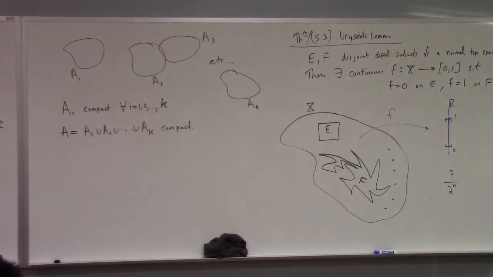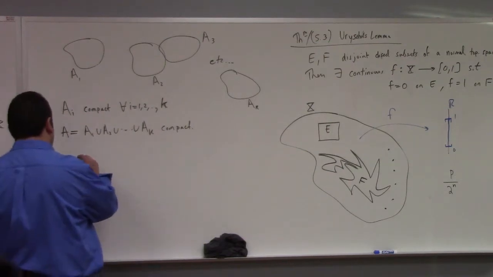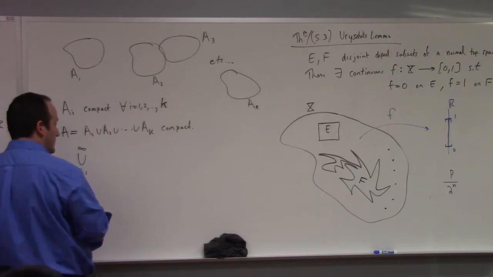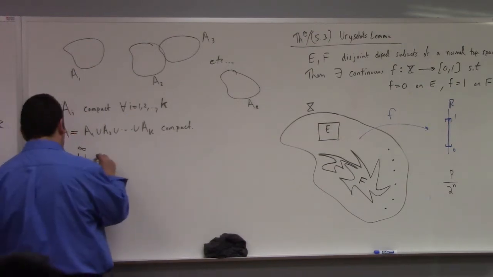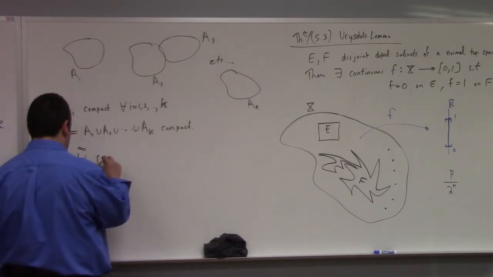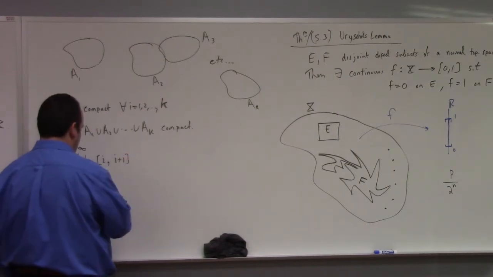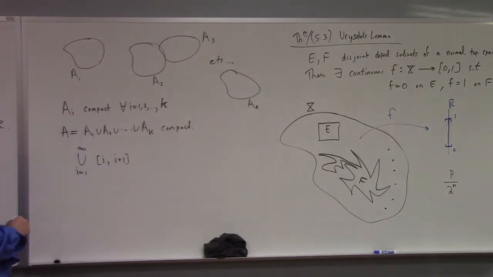For example, if I take the union, i equals 1 to infinity, of the intervals [i, i+1], every one of those is a closed and bounded interval of reals.